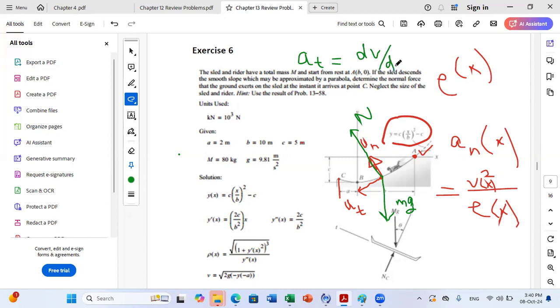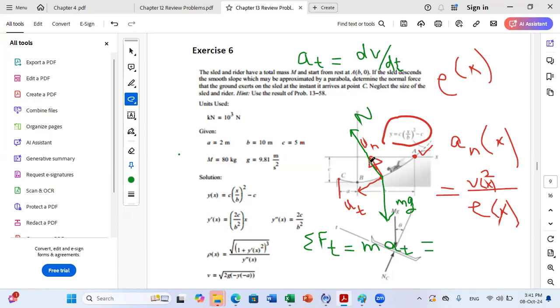So I can say, according to my figure, if I do sum of forces in t equals m at, okay, I have to project on ut.